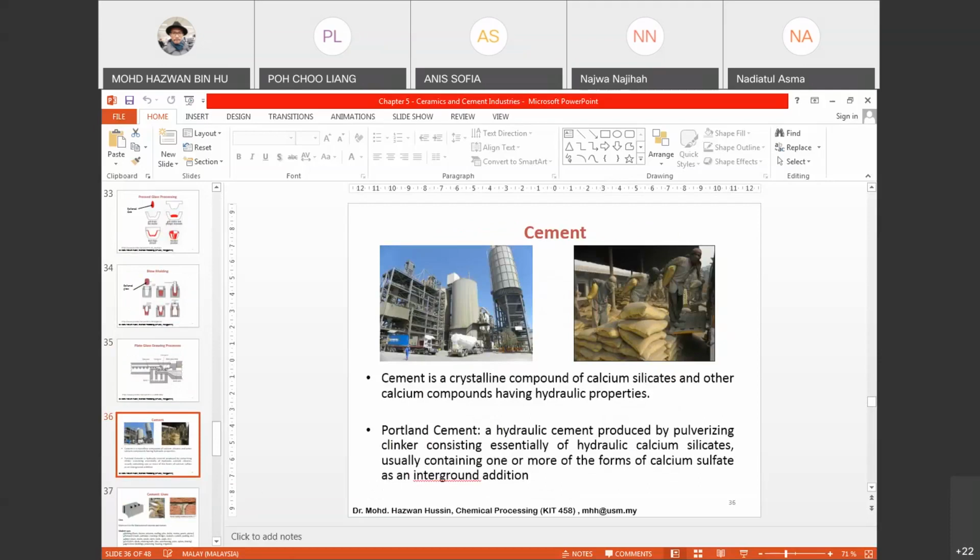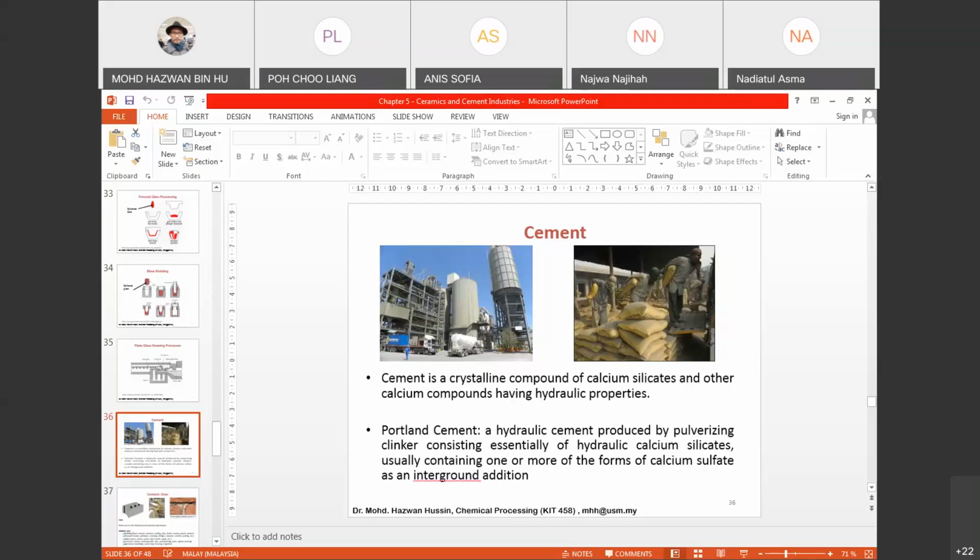So for cement, you can see it widely being used in construction, building, and maintenance. Cement is a crystalline compound of calcium silicate and other calcium compounds having hydraulic properties.